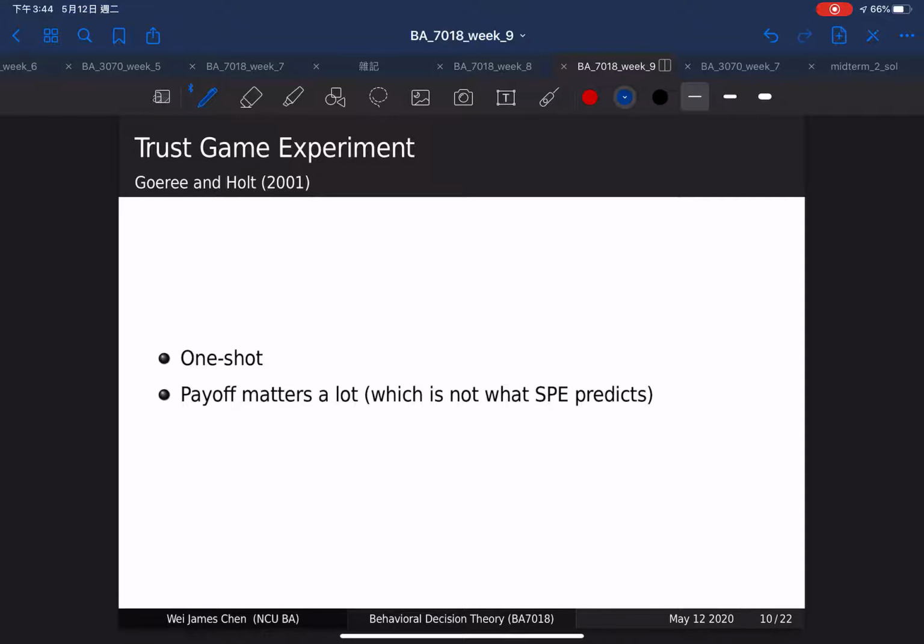In terms of the SPE prediction, these two cases are the same, because the responder should take more when he can.